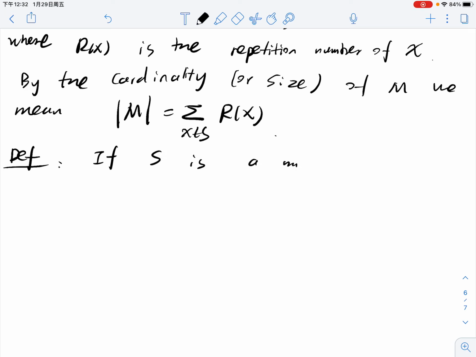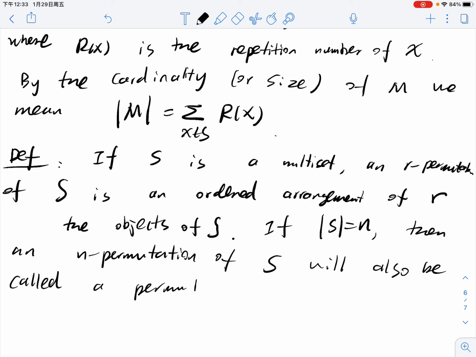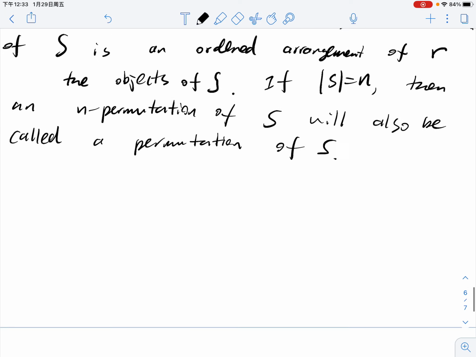If S is a multiset, an r-permutation of S is an ordered arrangement of r of the objects of S. If the cardinality of S is n, then an n-permutation of S will also be called a permutation of S. So the notation is similar.